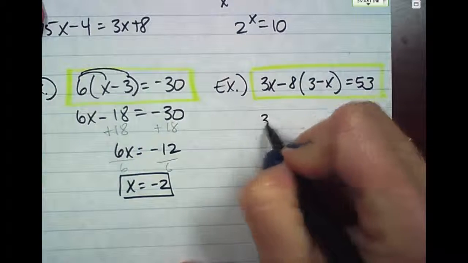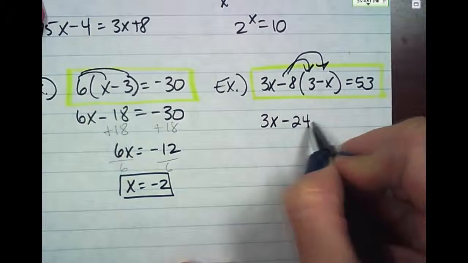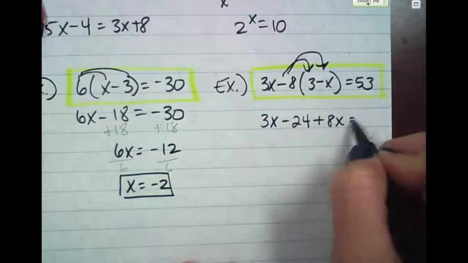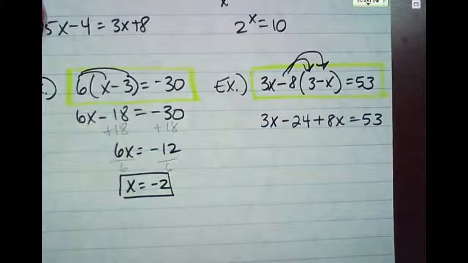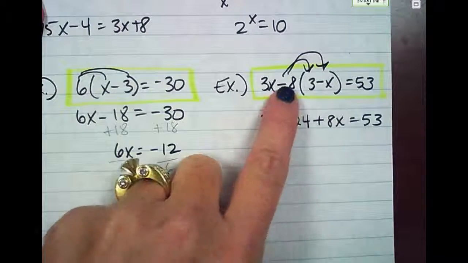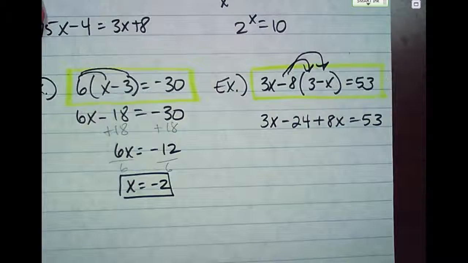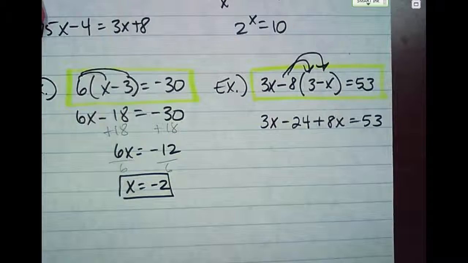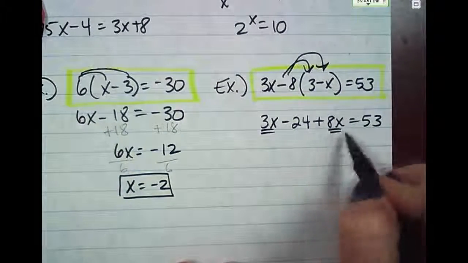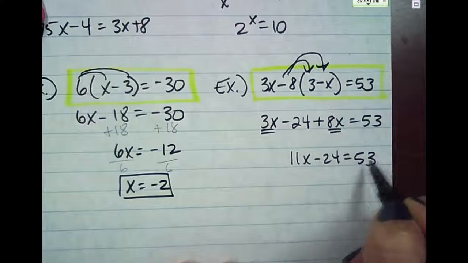So drop your 3x and then distribute, which gives you negative 24 plus 8x. Watch your signs there, because that's a negative 8. Negative 8 times 3 is negative 24, and negative 8 times negative x is positive 8x. Now combine like terms, so you're at 11x minus 24 equals 53.